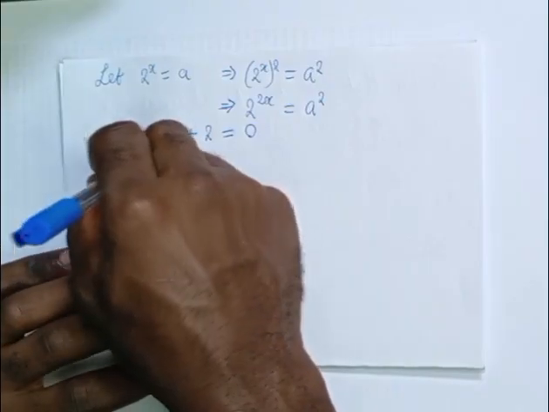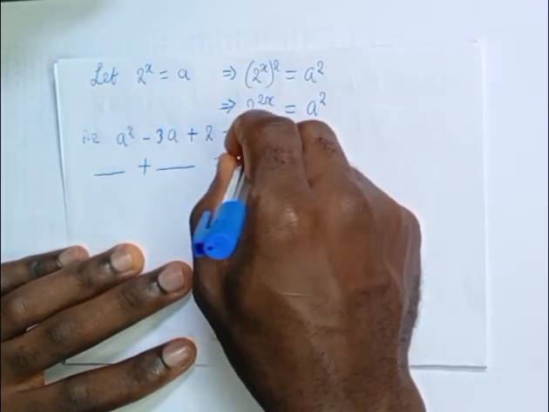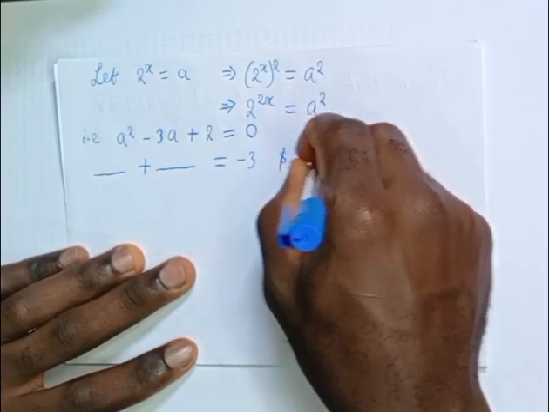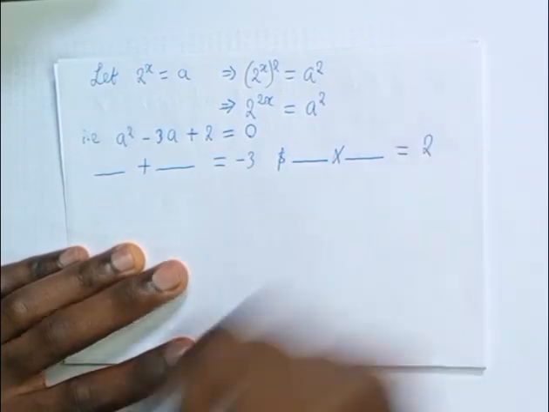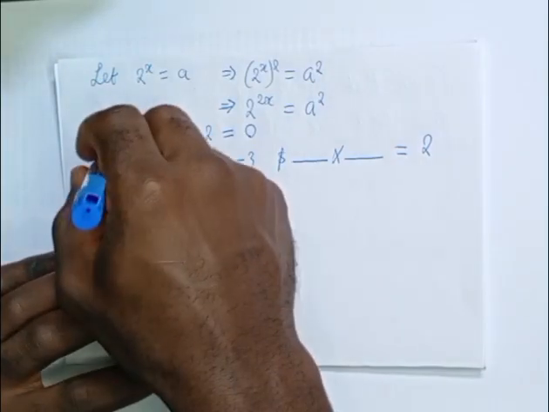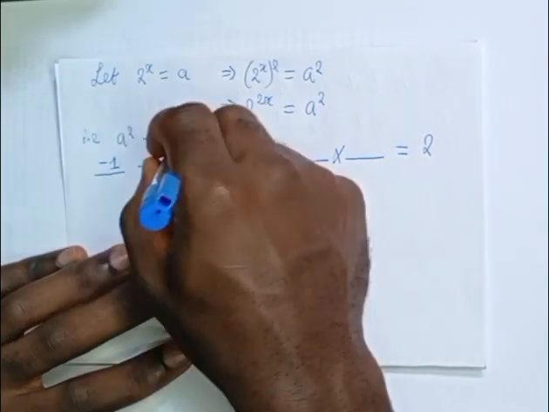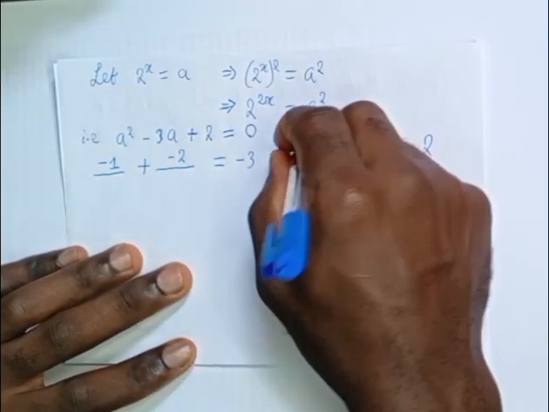We need two numbers such that their sum is equal to negative 3 and their product is equal to 2. We make use of negative 1 and negative 2. Negative 1 plus negative 2 gives us negative 3.